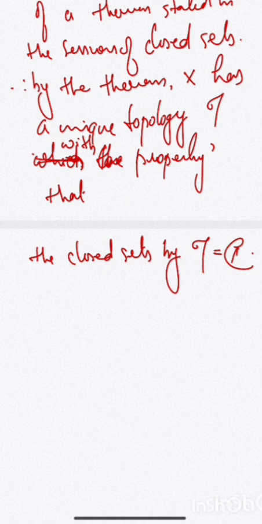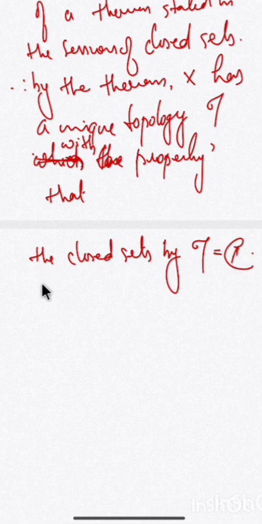So we get a topology now, but we want a unique topology tau on X whose closure operator coincides with the given function theta. Okay, now we have the closed set collection C. The collection of closed sets with respect to tau will be equivalent to our collection C itself.